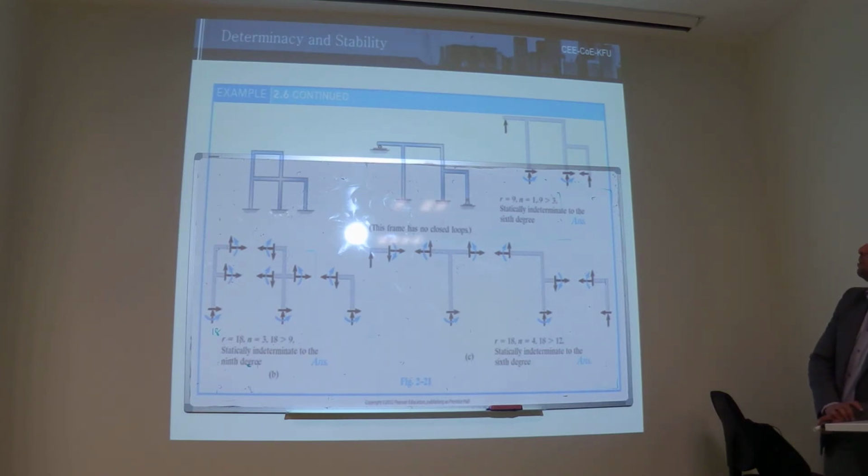So how much is it for part B, or this is the C part, I think. For part C, how much is R?